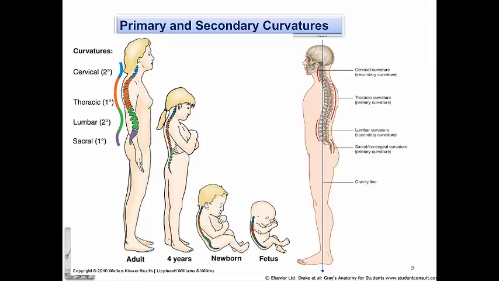So if we now have a look at some of the curvatures that we can see in our vertebral column, the embryo, due to the folding that occurs, first starts off as a C shape, and then later on additional folding will lead to kyphoses, which are anteriorly concave primary curvatures.